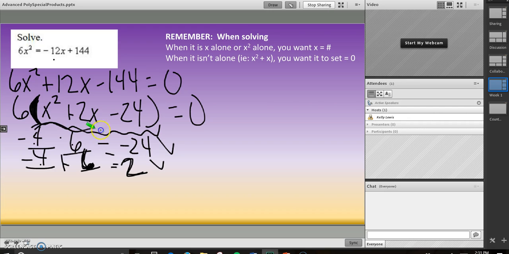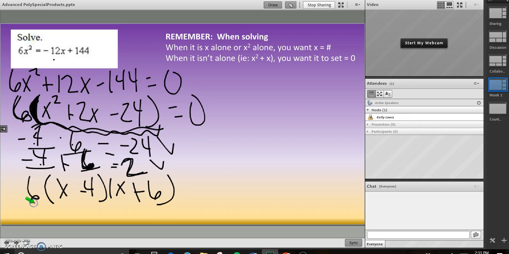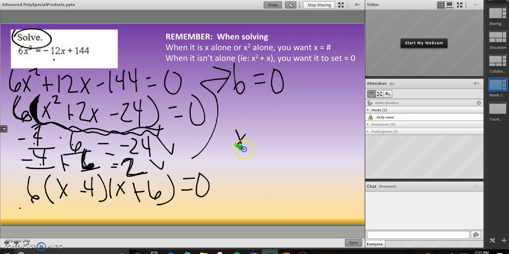All right, so just for this inside, remember there's no number right there. So I can write x minus 4, x plus 6, and then I have this guy, 6 equals 0. And we're solving. These are the factors right here. So I'm going to set each factor equal to 0.